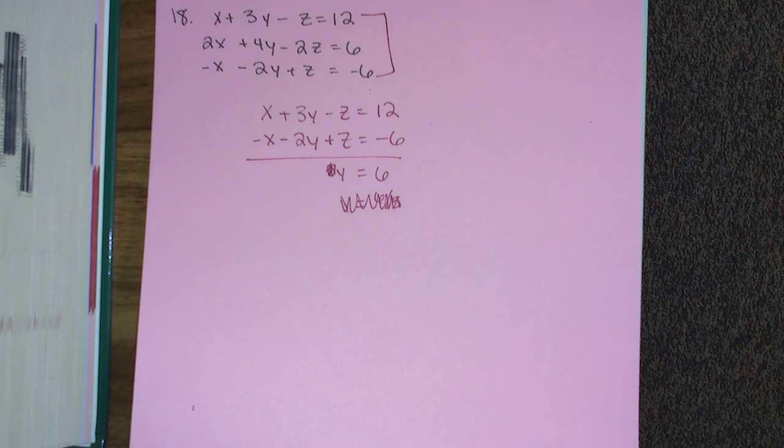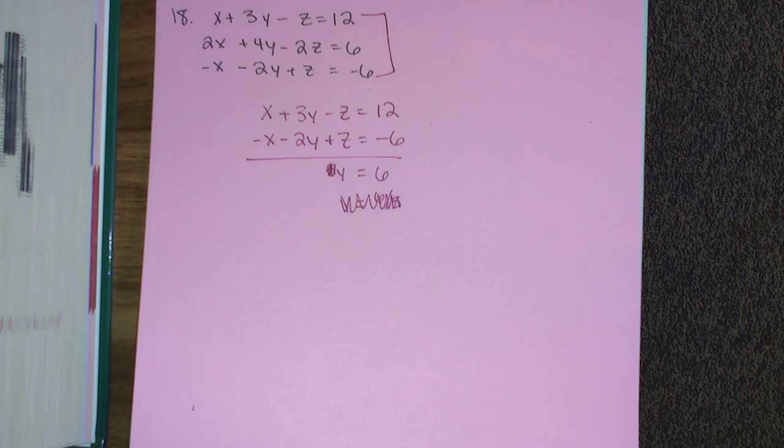All right. What do you think I should do now? I could plug it in, but I'm still going to have technically 2 unknowns that I'm having to solve for, so I probably should try to line up 2 more equations and see what happens.